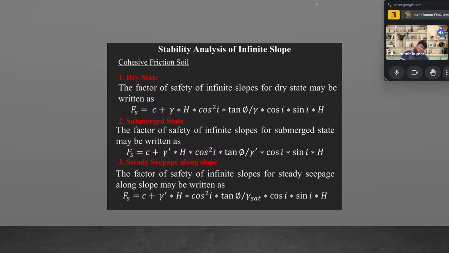But when we move to the steady seepage along the slope, as stated earlier for the cohesionless soil, it is gamma dash by gamma sat. Similarly, over here as well, the relation is gamma dash by gamma sat only for the steady seepage along the slope.